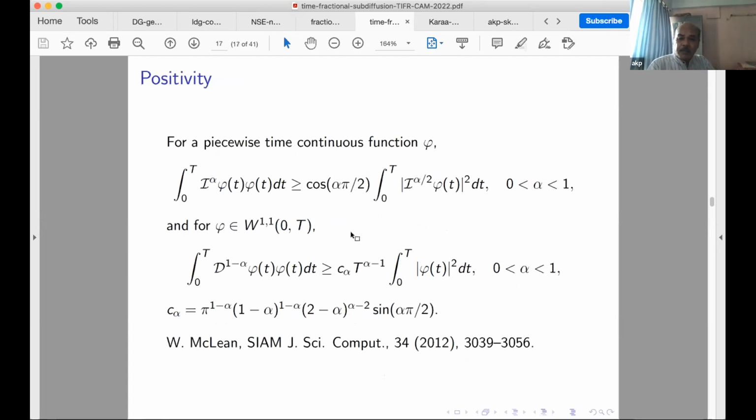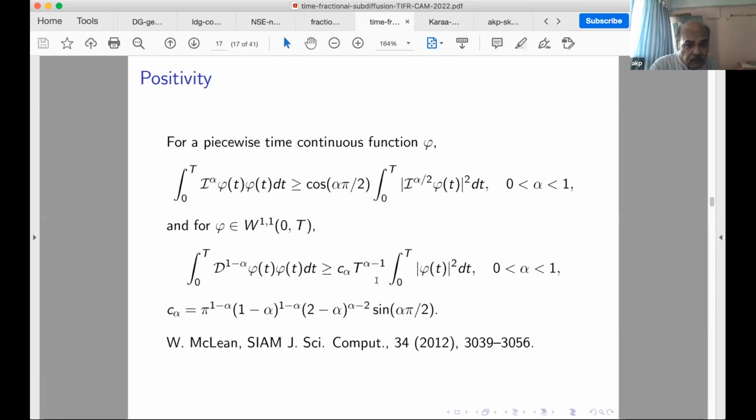And it has some properties. The Riemann-Liouville integral operator has a positivity property as long as alpha lies between 0 and 1. But if alpha is going to be 1, this is going to be greater than or equal to 0. You cannot get this. So sometimes people avoid using this one because they want to get an estimate which is valid uniformly for every alpha, even alpha going to 1.